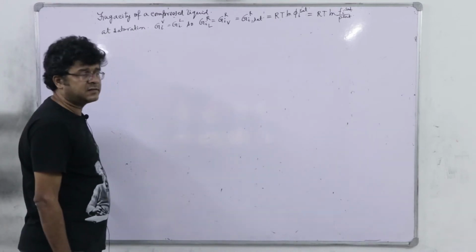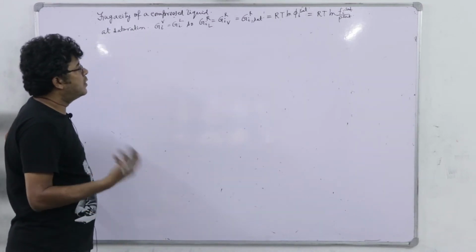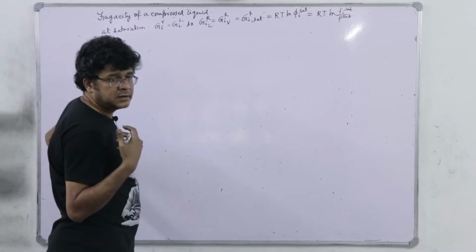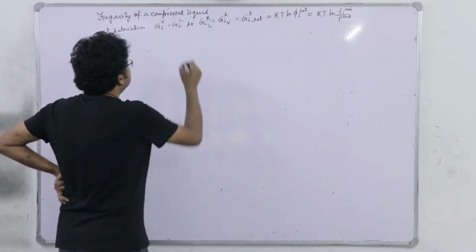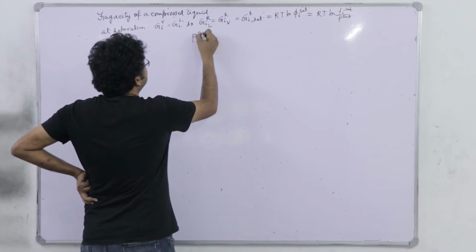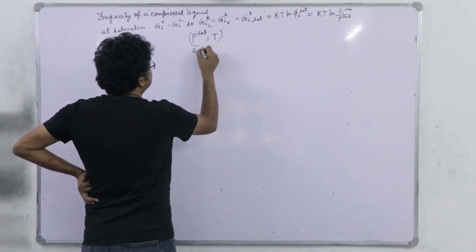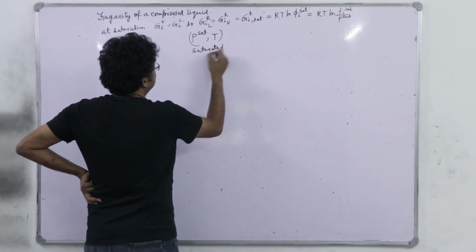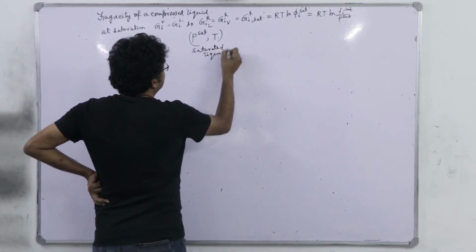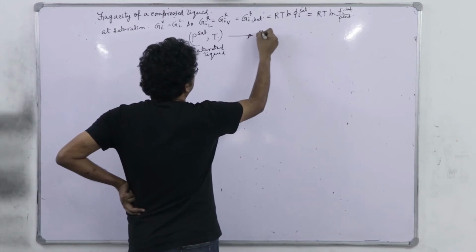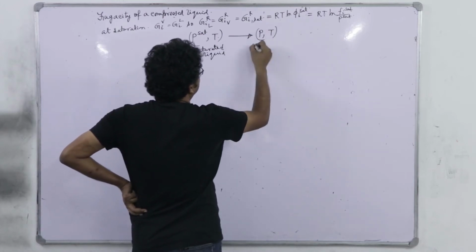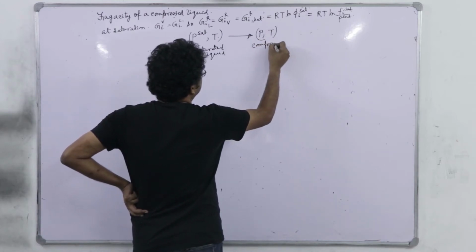This P sat is a saturation pressure. Now we want to calculate the compressed liquid fugacity. Now what is the state? See, we have P sat, T, saturated liquid, and we are going to P and T, compressed liquid, at the same temperature.